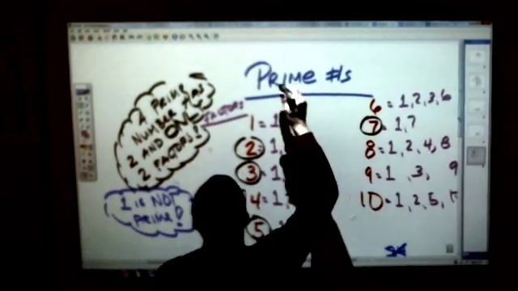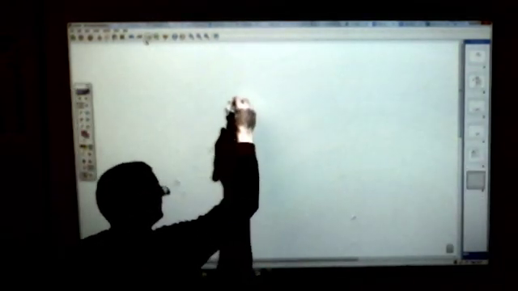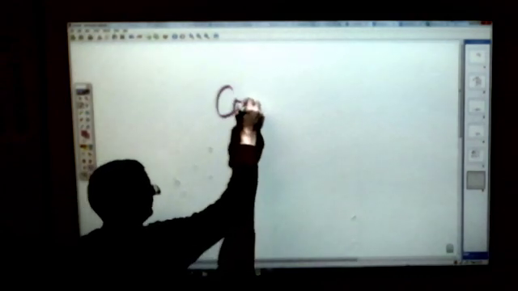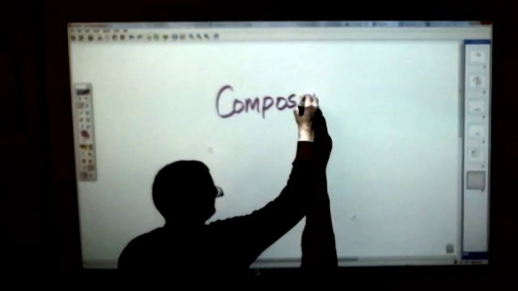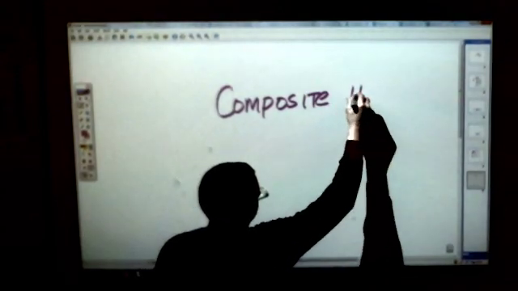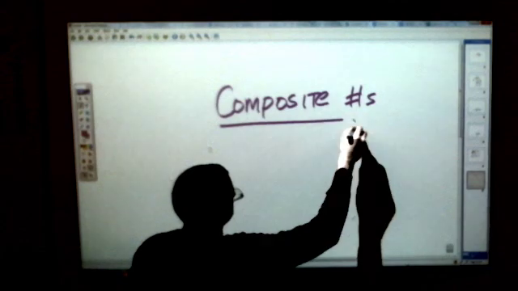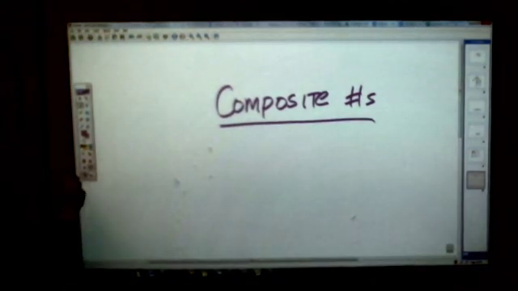If we talk about prime numbers, we have to also talk about what we call composite numbers. Maybe you can guess what a composite number is.